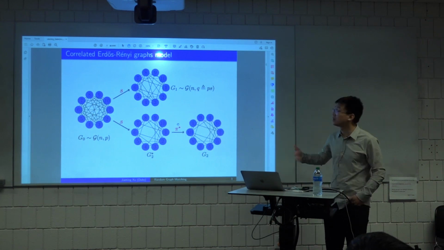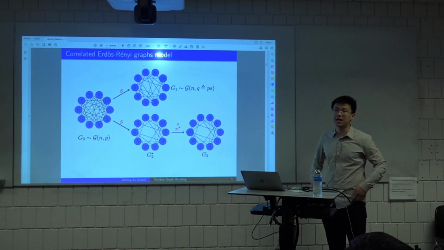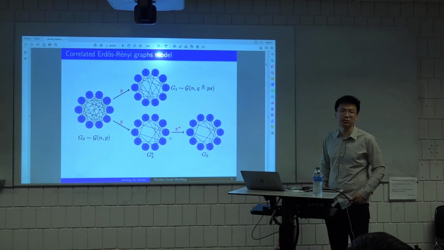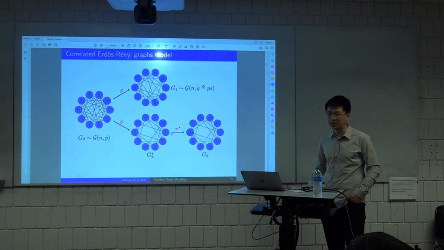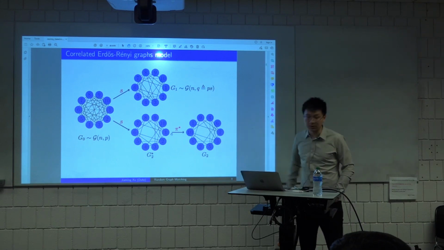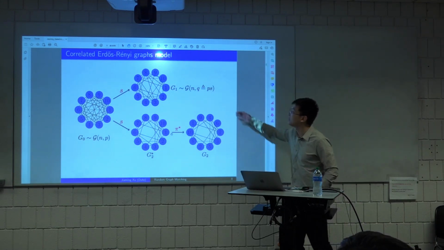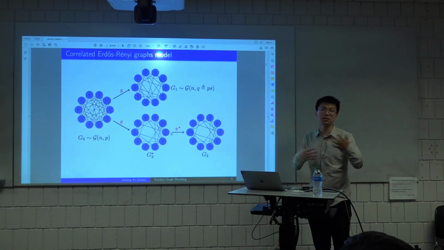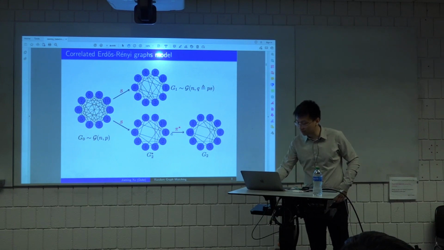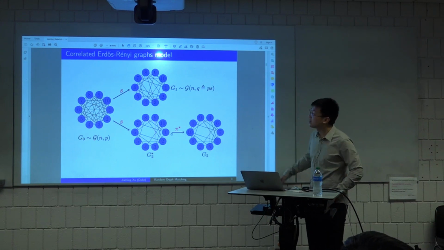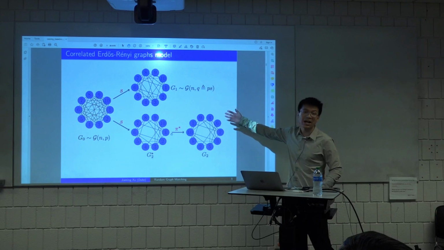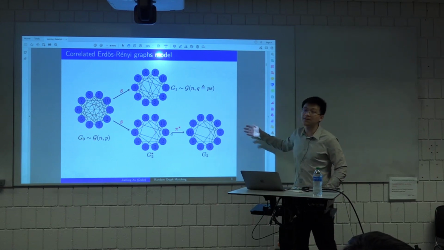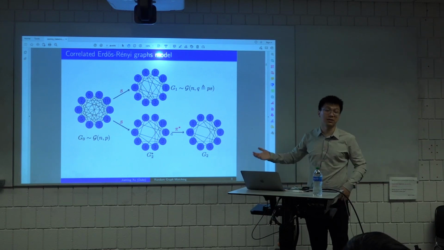And then, to model the scenario where you do not know the true node identities, you randomly shuffle the labels of the second graph according to some unknown permutation pi star, and that gives you the second graph. The question now is: given G1 and G2, you want to recover this latent node correspondence. Something important here is that the parameter s is very important, because if s equals 1, then these two graphs are exactly the same up to isomorphism.